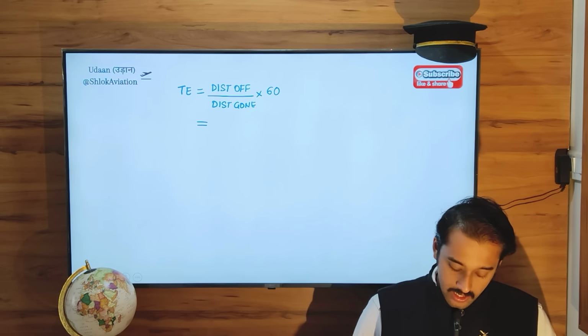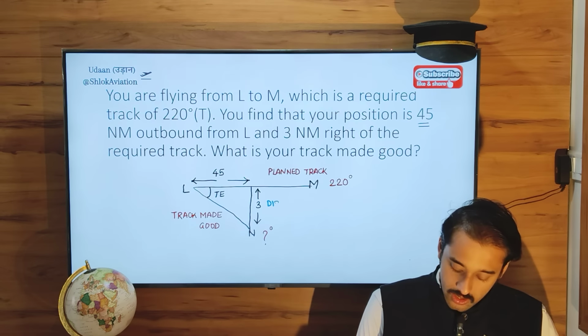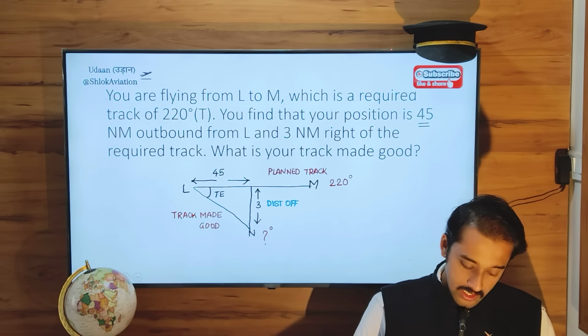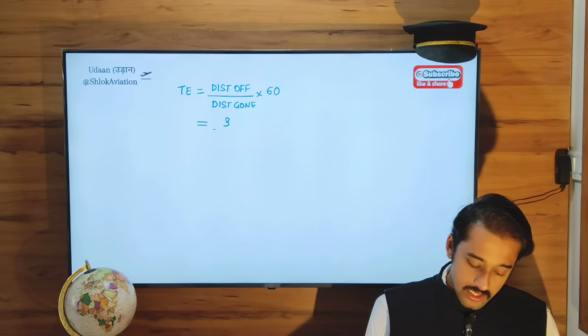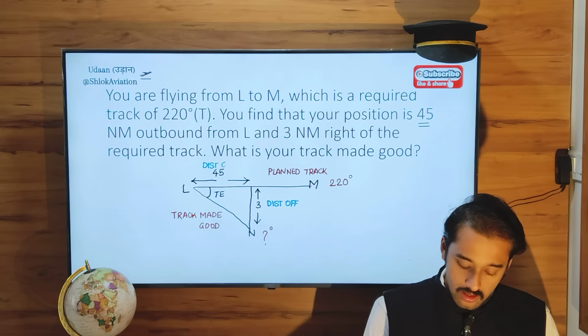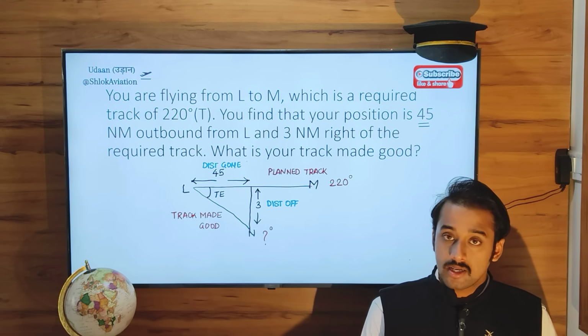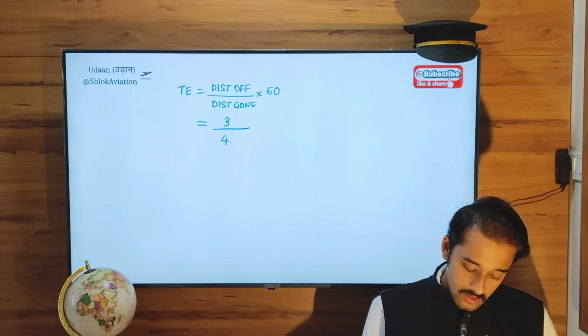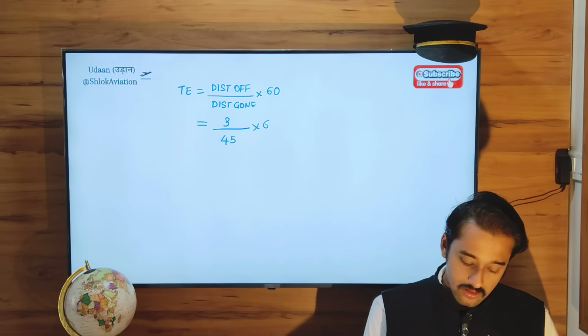So distance of track is how much? Distance of track is 3 nautical miles. Distance gone is how much? This is your distance gone. So distance gone is 45 nautical miles, into 60.